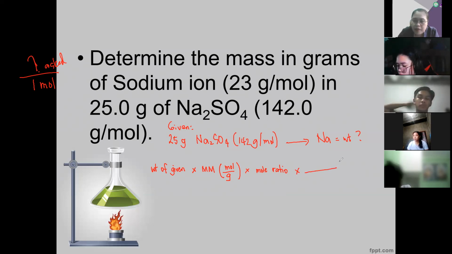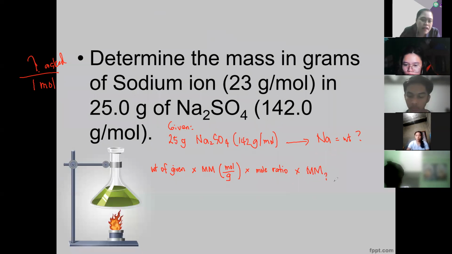And then, ano nga ang hinahanap nito? Mass in grams. So the next step is imumultiply na naman natin siya sa molar mass ng what is asked in the problem.